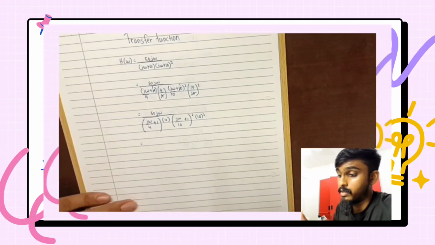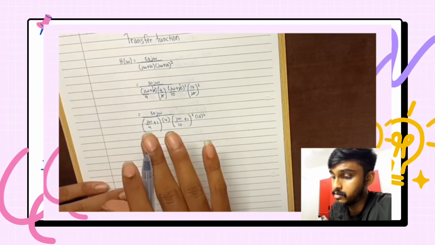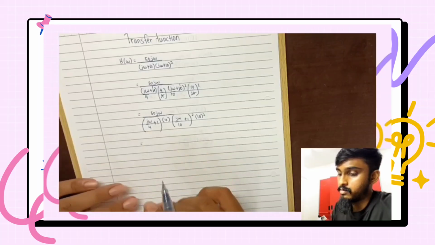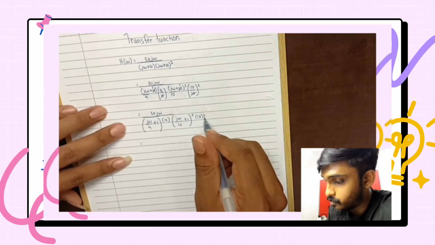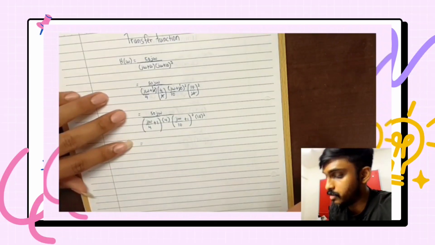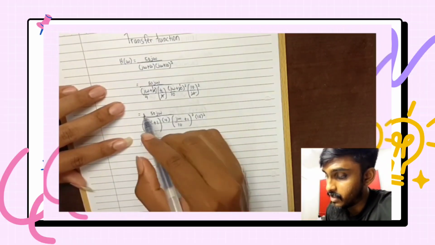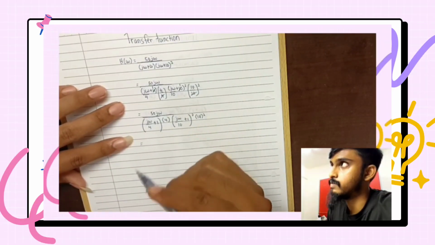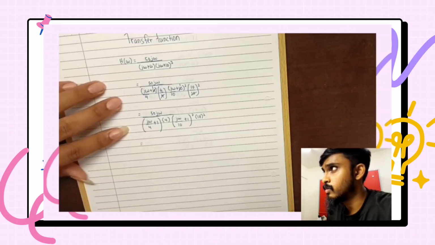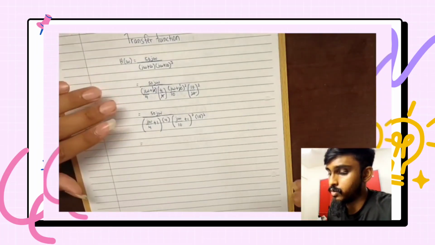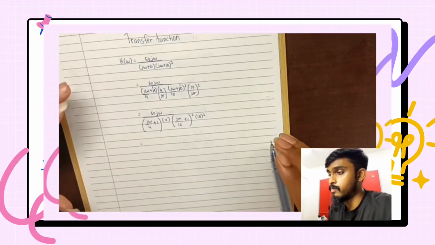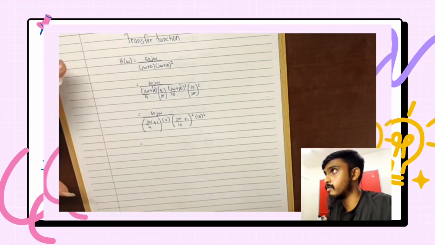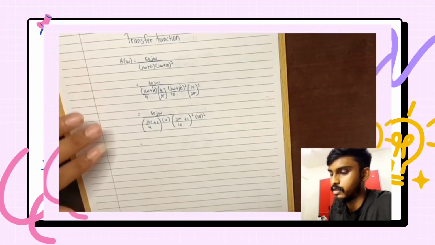Now we will simplify this equation, which we multiply by 4 and 10 to the power of 2, which will be 400, and we divide it by 50, which will be 0.125. Then only can we get a complete standard form for the magnitude Bode plot graph.